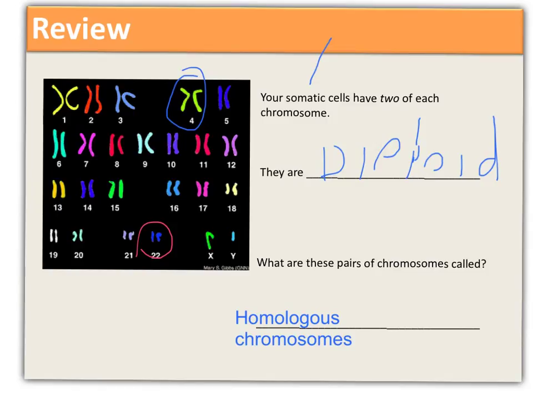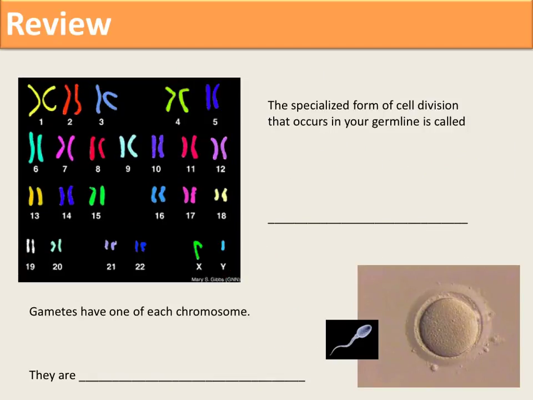Even though in this individual here, we would call this individual a male because he's X and Y. They form specialized cells during the germline, and this is called, starts with what? An M.